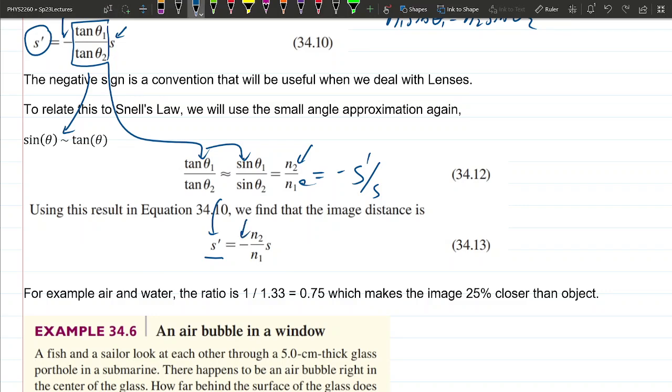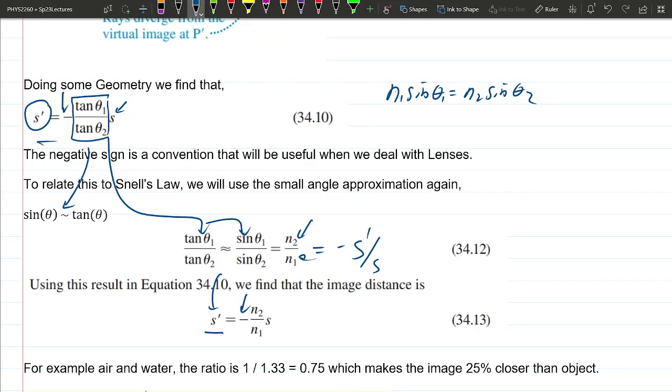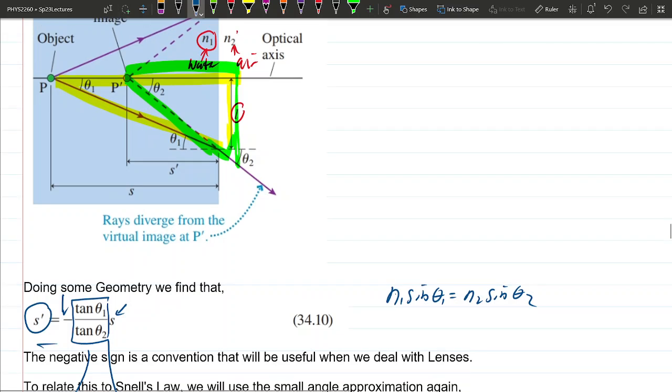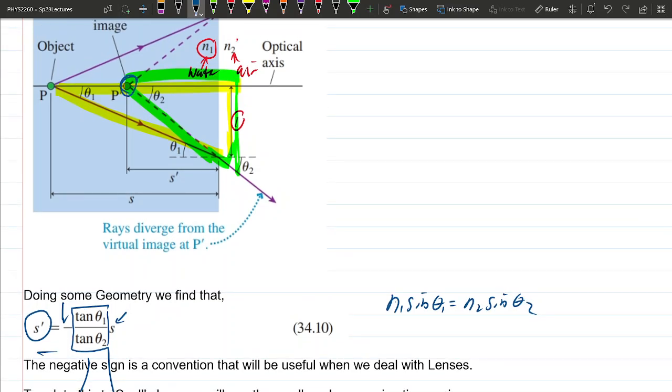We're going to need to keep track of it. This negative sign just came from the derivation from the geometry here. What that negative sign means is that we needed to do some backtracing to figure out where the image actually gets formed. If the image actually forms outside here, that would be a positive value. The negative sign comes from the fact that it actually forms inside the water still.